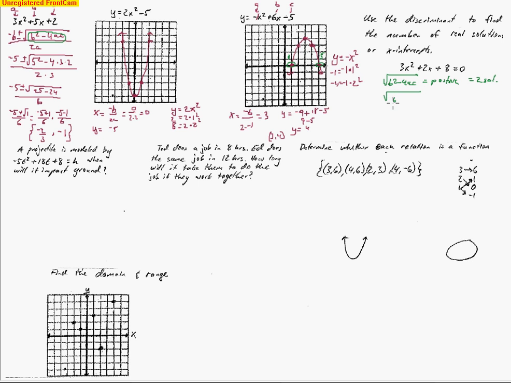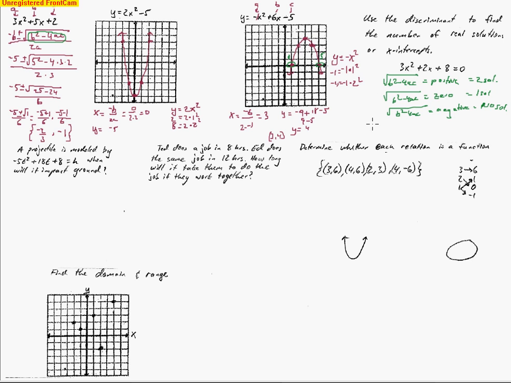If b squared minus 4ac is equal to 0, that means there is just 1 solution. And if this b squared minus 4ac is equal to a negative, that means we have no solutions. No solutions. So let's go ahead and check out how many solutions we have in ours.